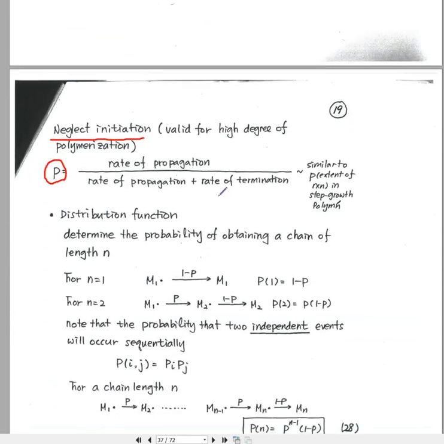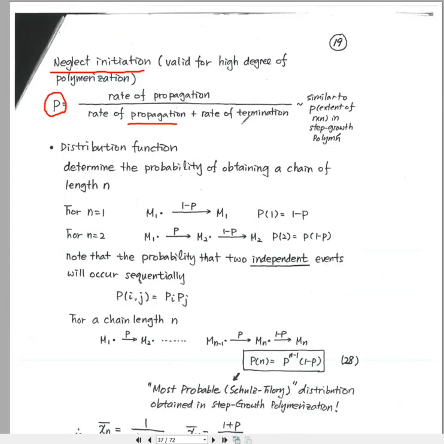Since there are two fates, propagation and termination, this p-value, the probability, is just the rate of propagation over the rate of propagation plus the rate of termination, right? It's quite a simple definition, right? It's similar to the p-value that we defined in step growth polymerization, but the definition is a little bit different, right?